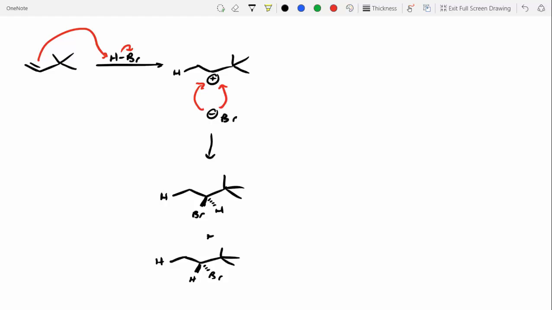Rearrangement, right? So if we look at this one, we've got a secondary carbocation. However, can we do a hydride shift? No. If we did a hydride shift, we'd go to a primary carbocation, so that's not likely. But we can do a 1,2 methyl shift.